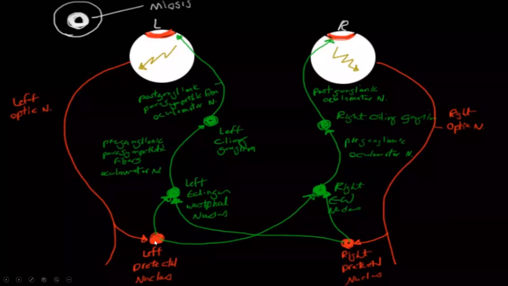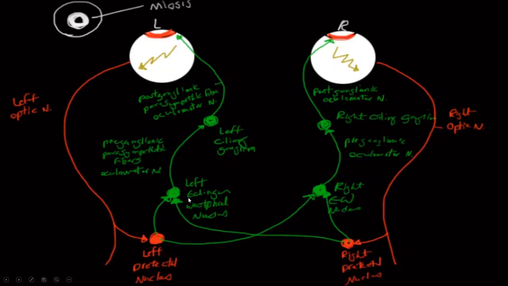Then the left pretectal nucleus will send impulses to the Edinger-Westphal nucleus on both sides. So the left pretectal nucleus gives impulses to the left and right Edinger-Westphal nuclei, and vice versa: the right pretectal nucleus sends impulses to the right and left Edinger-Westphal nuclei.